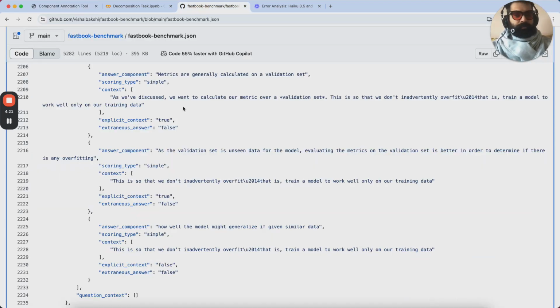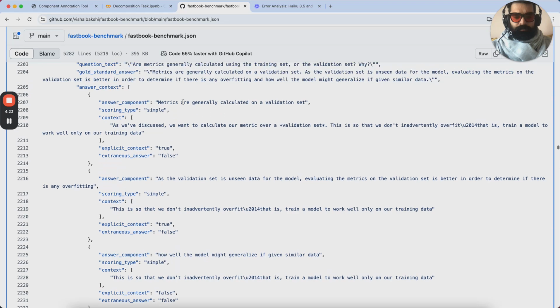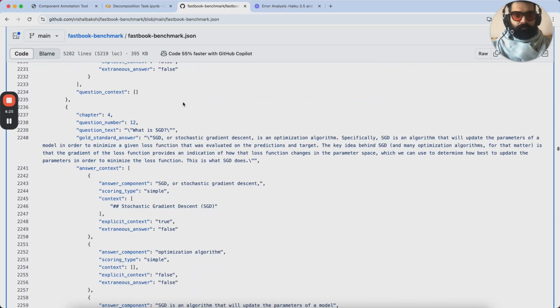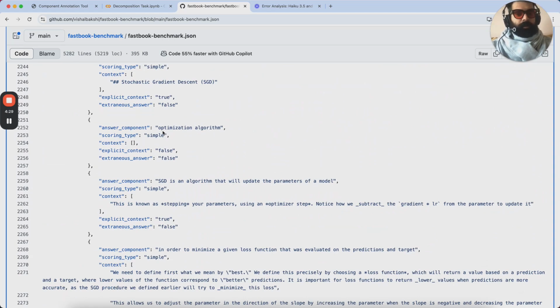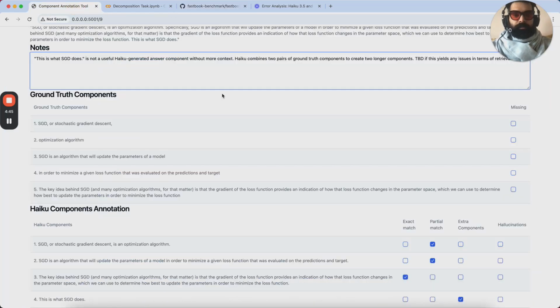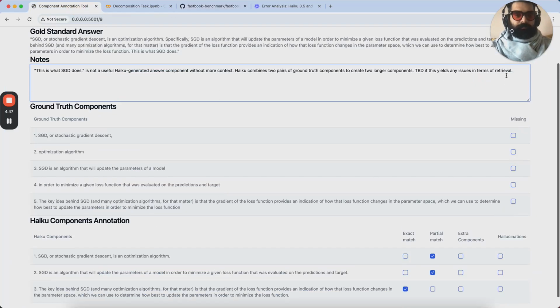And I think the reason I had these as two different ones was that optimization algorithm is not in the context. So there's no part of the context that hits the phrase optimization algorithm for SGD. So it actually might not hurt.